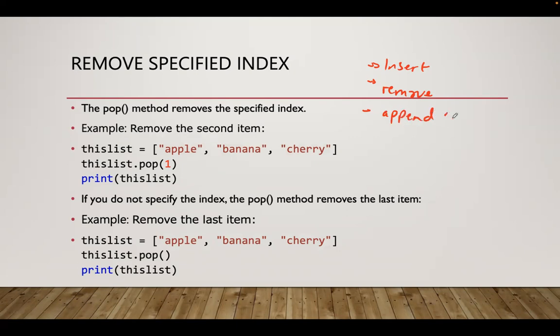I told you append would join the new thing you want to append, dot append. It takes only one argument, so what you want to append, like mango. But when you want to insert, it takes 2 arguments. You want to insert into index number 2, and what do you want to insert into it? Banana. This is how you do it.